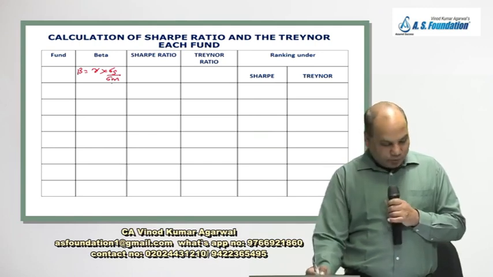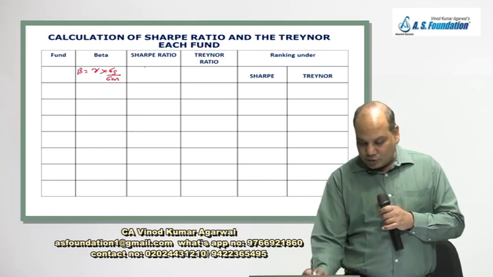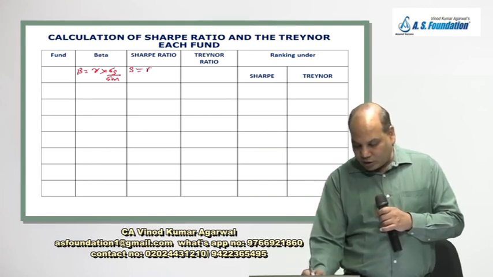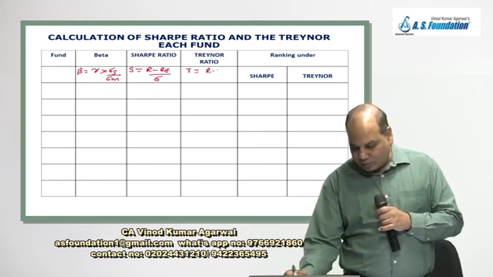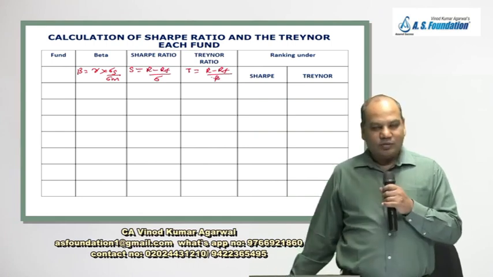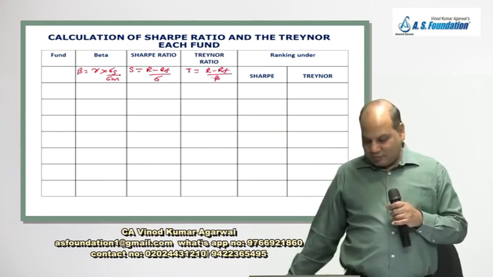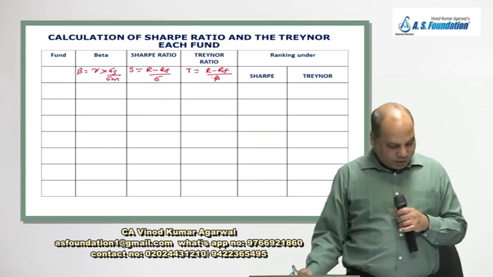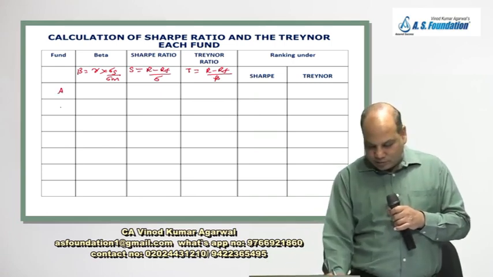Sigma M means standard deviation of market. Sharpe ratio formula you know: R minus RF upon sigma. T equal to R minus RF upon beta. Is it right? Now you will complete the table and then we will further discuss.